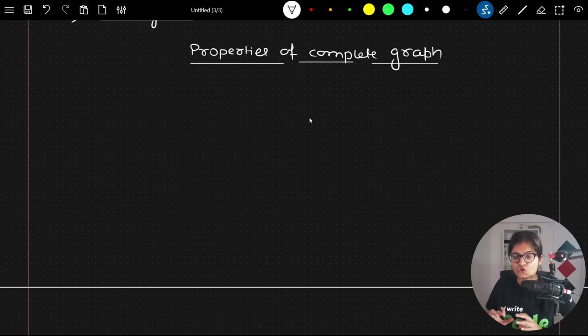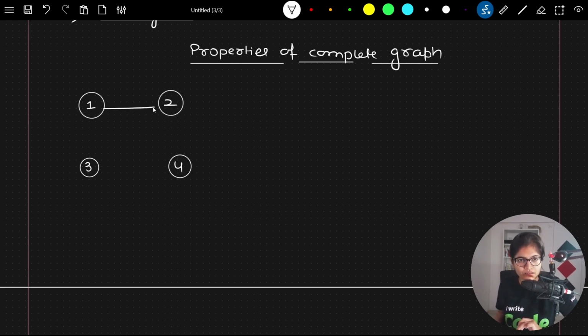So what are the properties of a complete graph? Let me again create the same graph which I was showing you above. This is the graph that we have: this is 1, this is 2, this is 3, and this is 4.